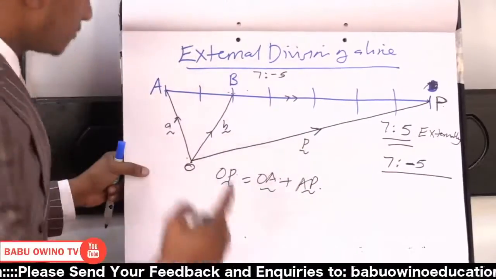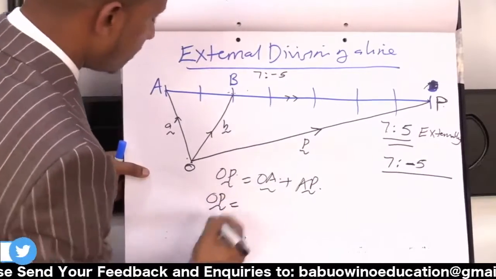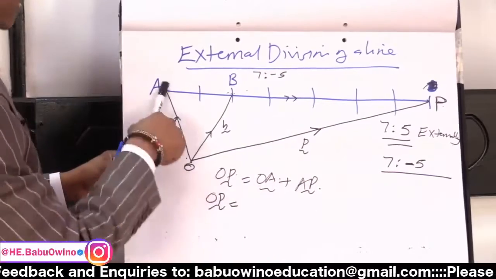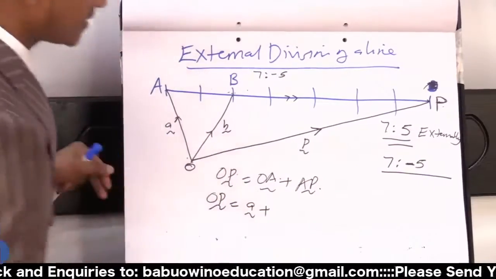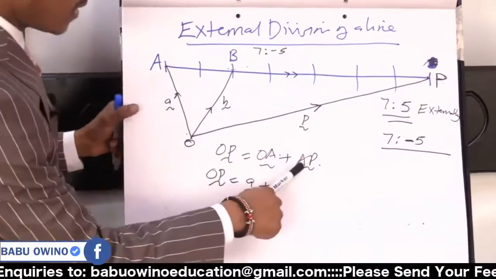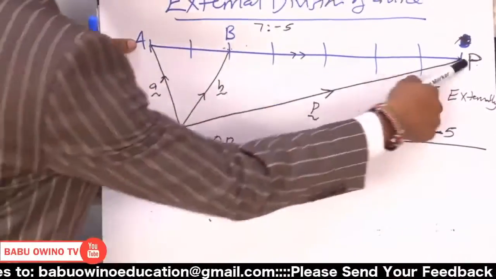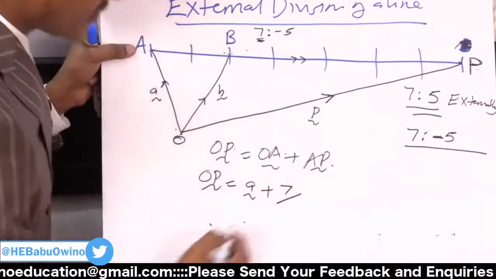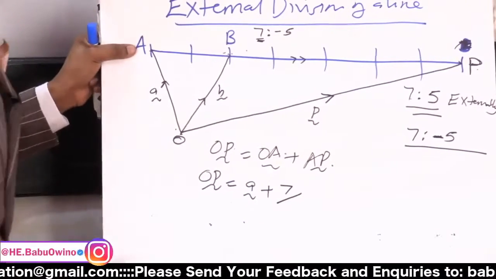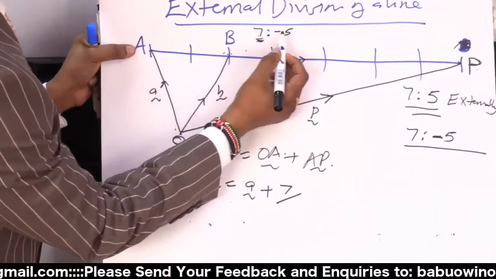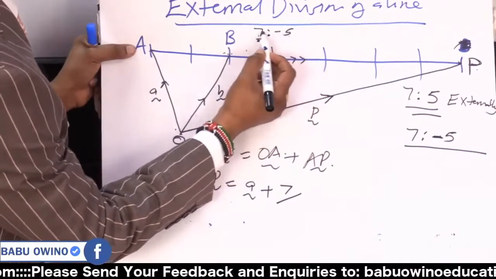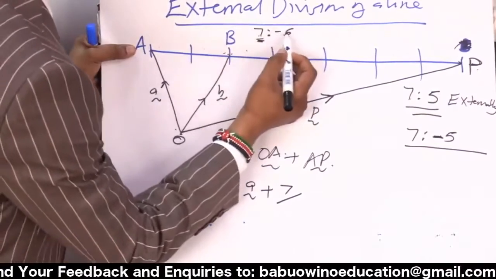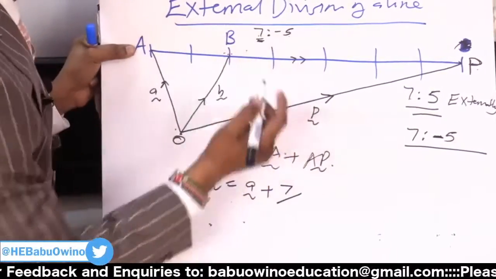Pay attention. OP equals OA, our OA is A, plus our AP. Our AP is the ratio 7 over the total ratio. Total ratio of this and this is 7 plus minus 5, which is 7 minus 5.